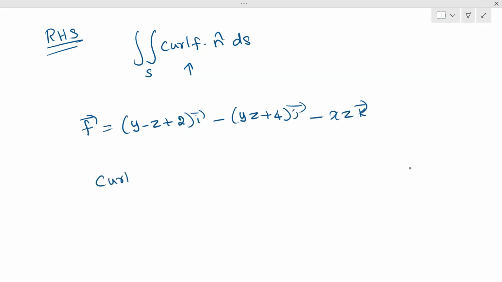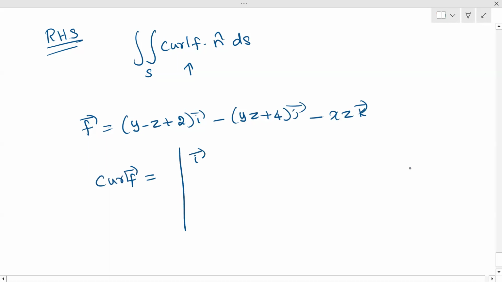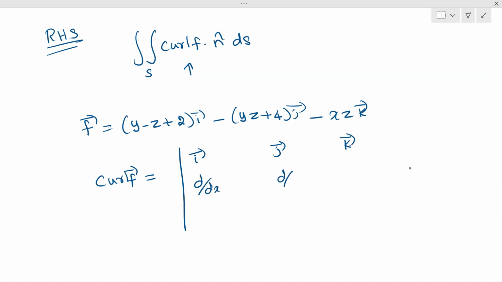So curl F equals the determinant with first row i, j, k, the second row dou by dou x, dou by dou y, dou by dou z, and the third row y minus z plus 2, minus yz plus 4, minus xz.